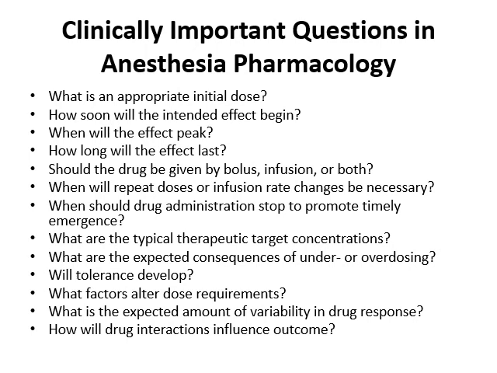So this slide represents some clinically important questions in anesthesia pharmacology that we have to ask ourselves and know prior to giving a patient a medication. First, what is an appropriate initial dose? Is it a cookie cutter dose for everybody? No, it's not. We have to take into consideration those other factors that can make the dose of a drug and the pharmacokinetics variable.